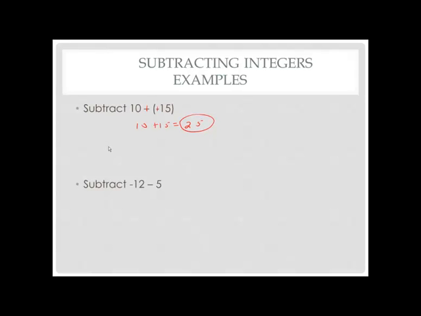Okay, another example similar to that. Let's say we have negative 8 minus negative 3. So we're going to keep the first number as it is, negative 8. We're going to change this to addition, and we're going to change the sign of this number. So since it was a negative 3, it will now become a positive 3.